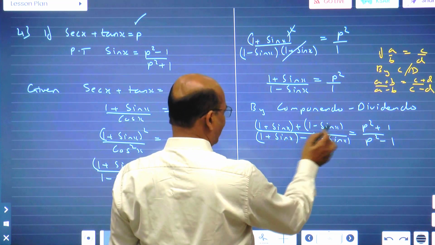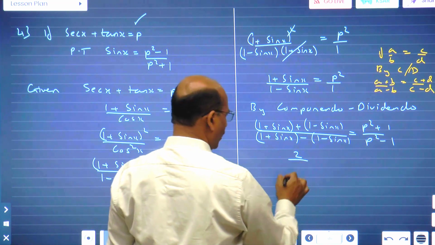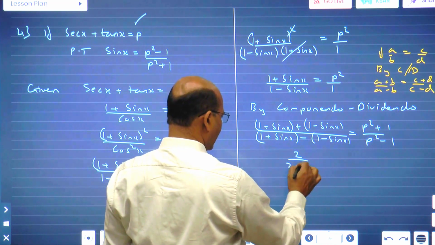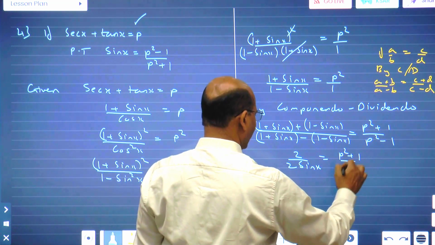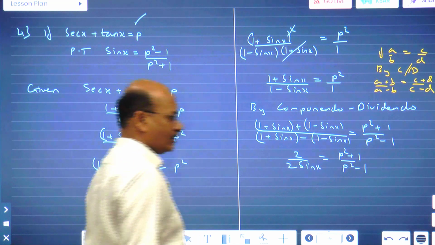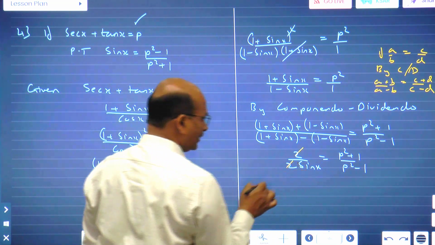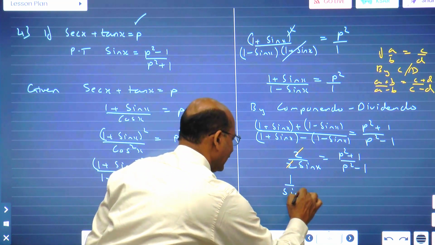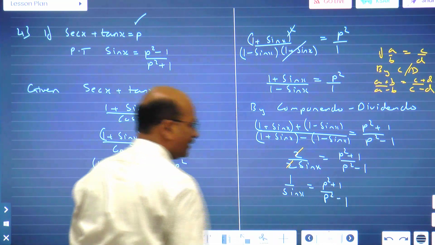If you simplify this, sine and sine will get cancelled, 2 upon, this will become 1 and 1 will get cancelled, this will become 2 sin x is equal to p square plus 1 upon p square minus 1. 2 and 2 will get cancelled. So what is left out? 1 upon sin x is equal to p square plus 1 upon p square minus 1.